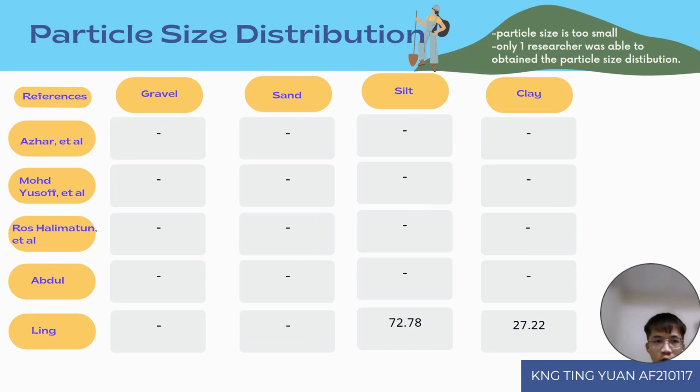As the research soil sample is peat soil, it is hard to determine the particle size distribution as the particle size is too small, and only one researcher was able to obtain it, which is 72.78% silt and 27.22% clay.